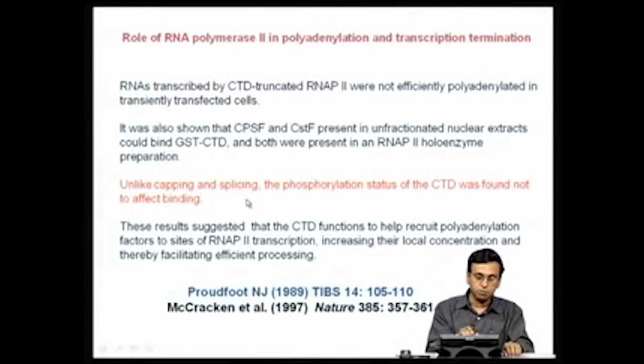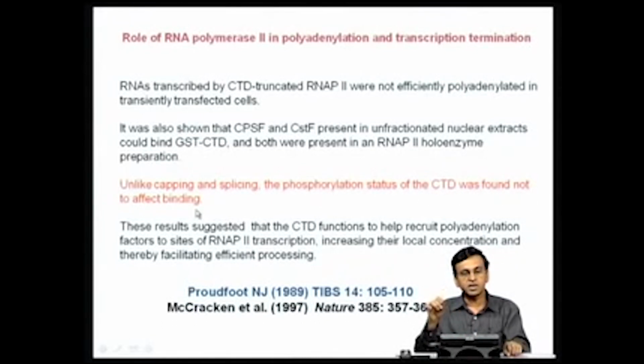So unlike capping and splicing, the phosphorylation status of the CTD was not found to affect the interaction of CPSF and CSTF with the RNA polymerase II CTD. All these results clearly indicated that the polymerase II carboxyl terminal domain plays a very important role in polyadenylation. It helps to recruit polyadenylation factors to the site of RNA polymerase II transcription, increasing their local concentration and thereby facilitating efficient polyadenylation.